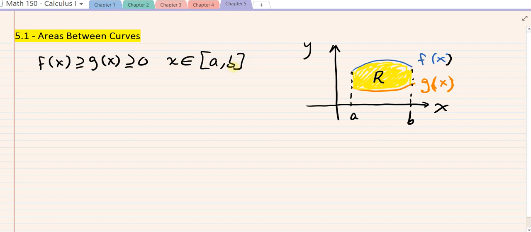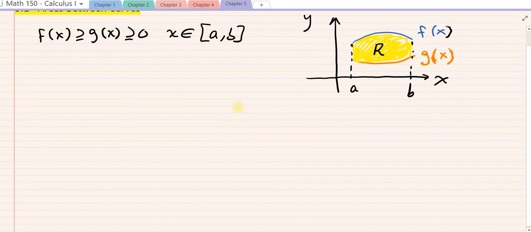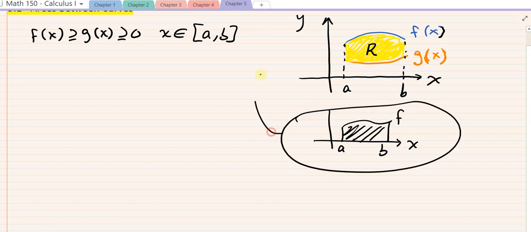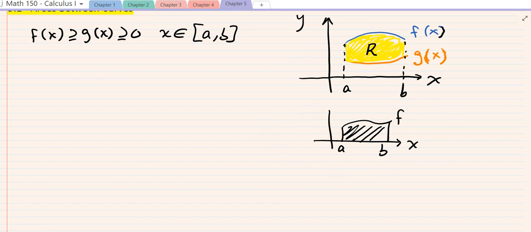And it's really that simple. That's all we want to do. We want to find the area. Now, we've already found the area in this form. Remember, if we had a curve like this, from a to b on the x-axis, we managed to find the area like that. Well, this is a special case of the more general region up above it. Let me show you, because here's g.